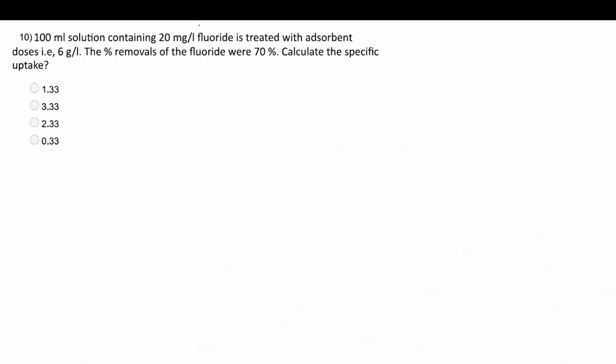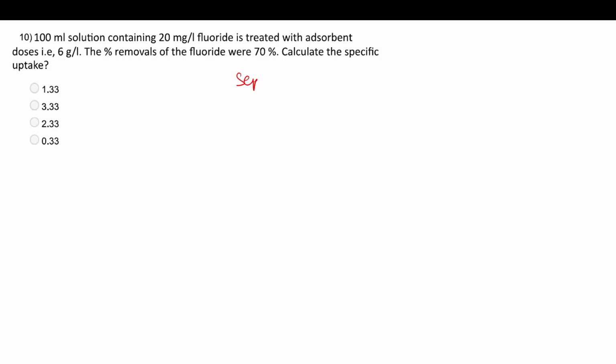Next question: 100 ml of solution containing 20 milligram per liter fluoride is treated with an adsorbent dose of 6 gram per liter. The percentage removal of fluoride here is 70 percent, and calculate the specific uptake.